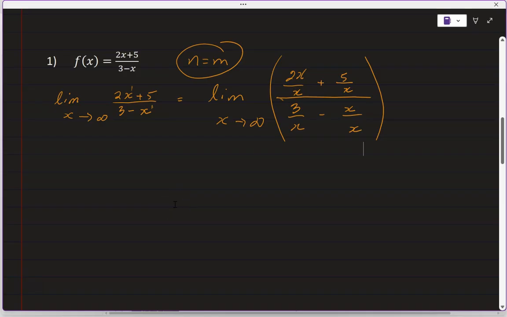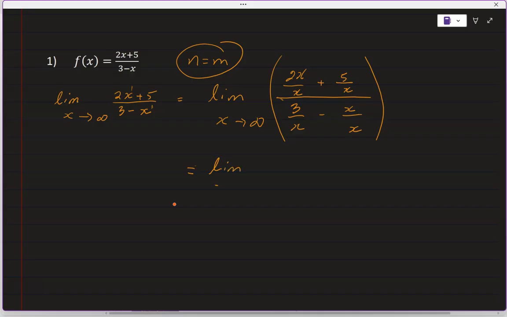This is very straightforward. You take the limit of each of these terms, but before we do this, we can simplify. The x cancels out. You get 2 plus 5 over x, divided by 3 over x minus 1.